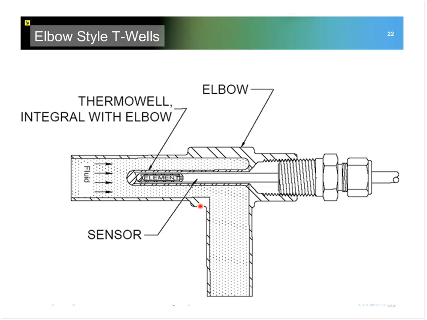These can be used with either an RTD or a thermocouple. Again, we'd probably need about 3.5 inches of immersion on this style to provide the best measurement. You can get by with 2.5 inches, and we've got a graph we'll look at that compares some of these immersion lengths and different sensor and thermowell combinations.